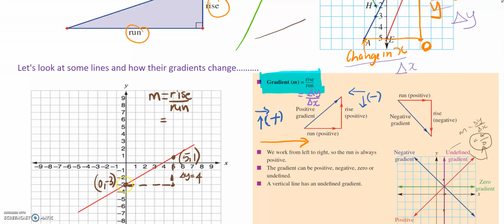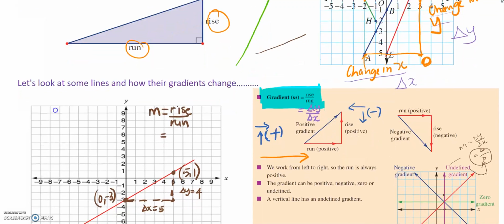What's the difference in the run from that point to there? 1, 2, 3, 4, 5. So that's our change in x, which is equal to 5. What's our rise? It's 4. What's our run? It's 5. It's a positive line, so therefore our gradient is 4/5.